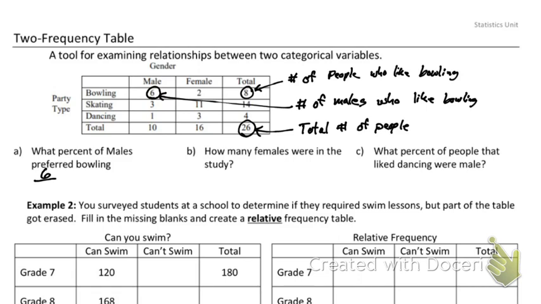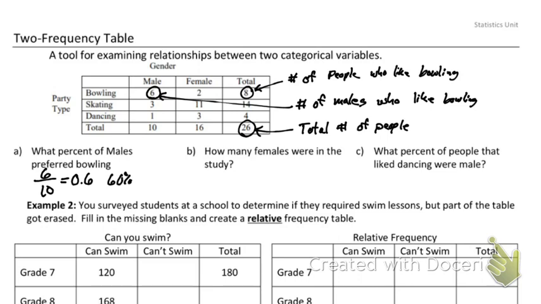I would do 6 out of 10 because I have 10 total males. It doesn't say what percent of males like bowling compared to the total. It is what percent of males prefer bowling, and that would be 6 out of 10 possible males. So that would be 60% or 0.6, which would be 60% of males prefer bowling.